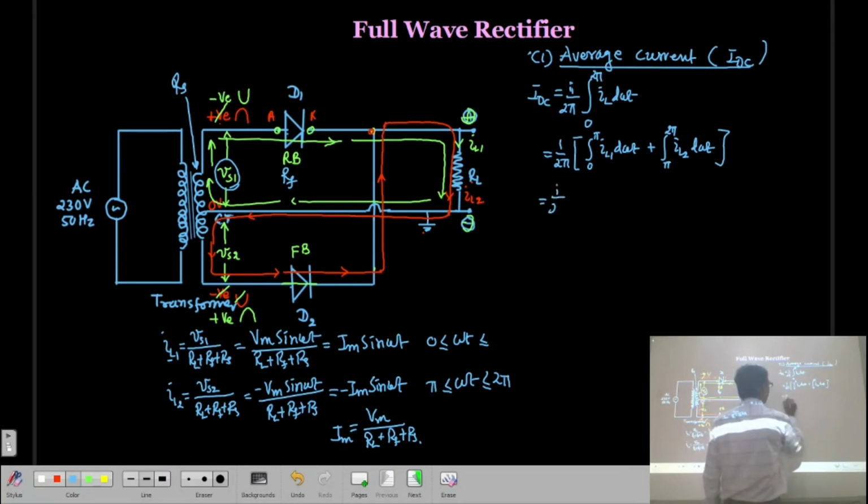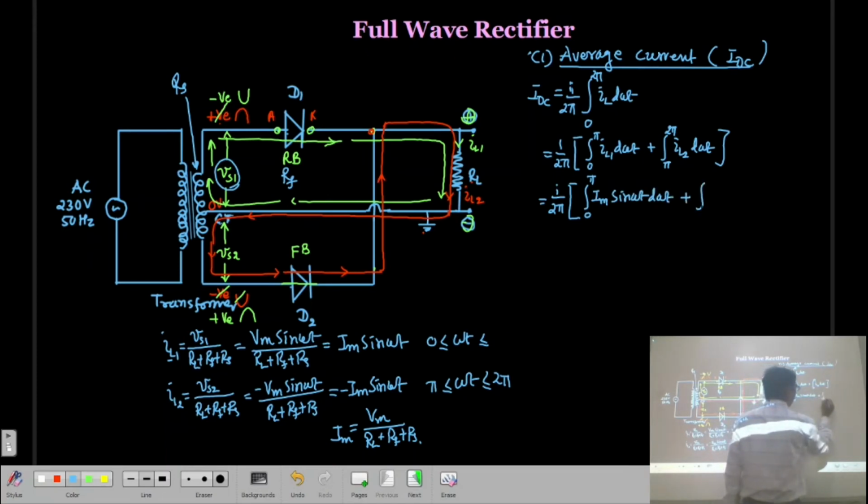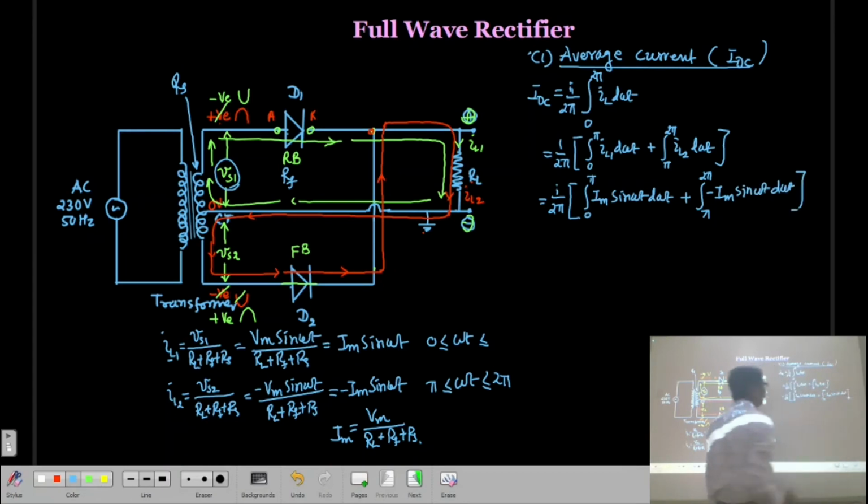This is equal to 1 upon 2 pi. Now 0 to pi, IL1 is Im sin omega t d omega t, and another integration pi to 2 pi is minus Im sin omega t d omega t.